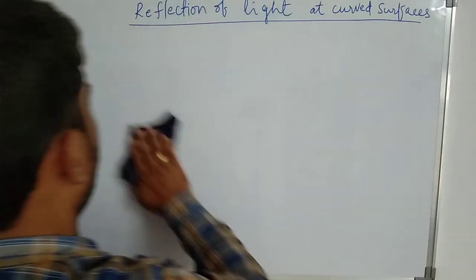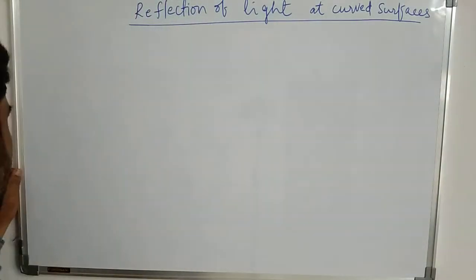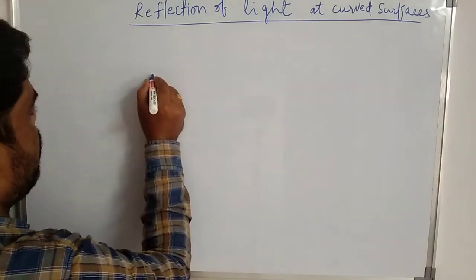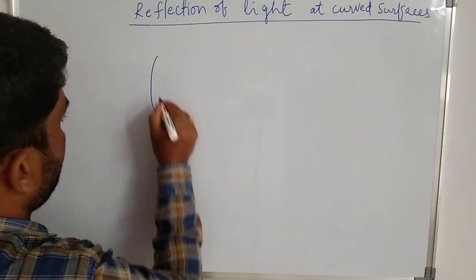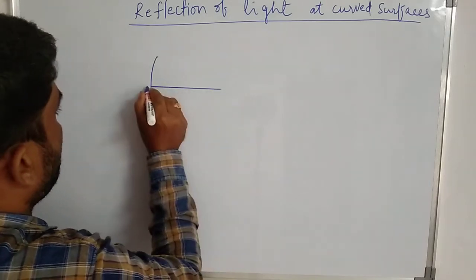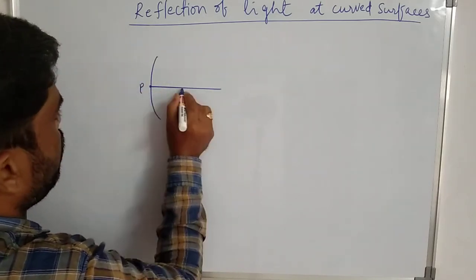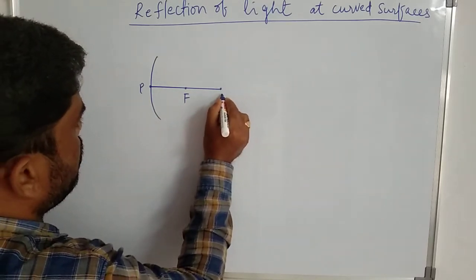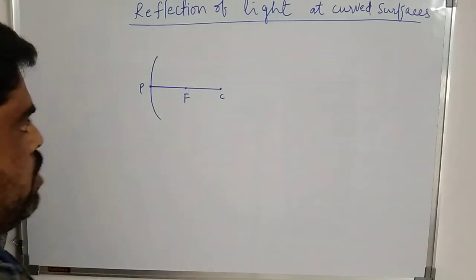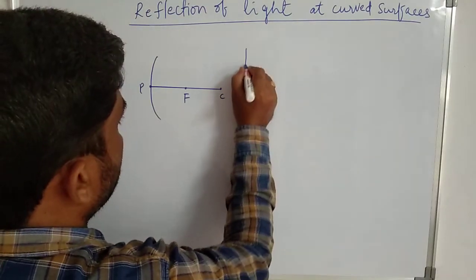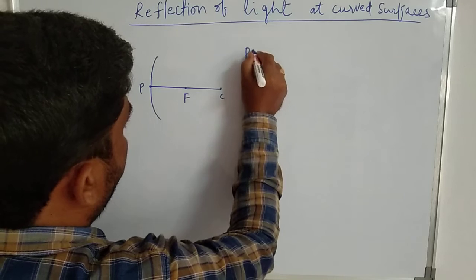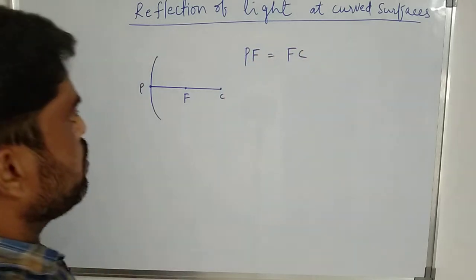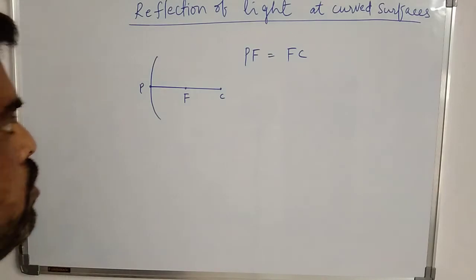In all the cases, this is the pole, this is the principal focus, and this is the center of curvature. It was observed that PF is always equal to FC.